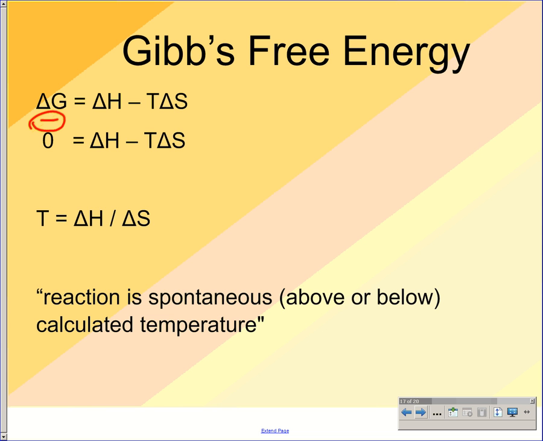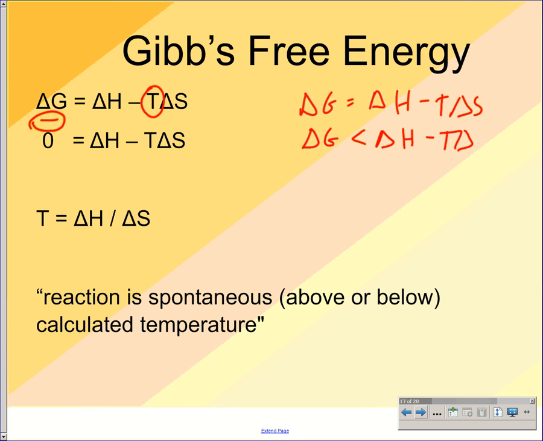So if I want you to tell me what temperature this reaction has to occur at for the delta G to be negative, for the reaction to be spontaneous, what you solve is, I usually use inequalities, but I'll do it like this. I want the delta G to be less than 0, right? You need it to be negative. So how do I solve for T?